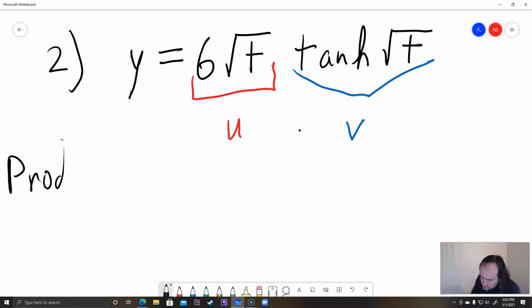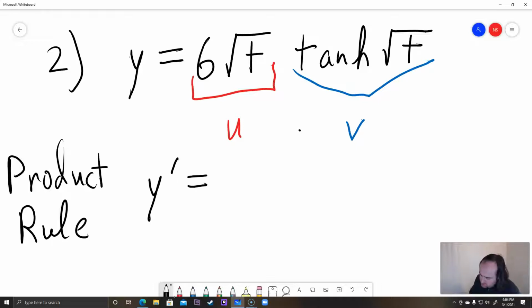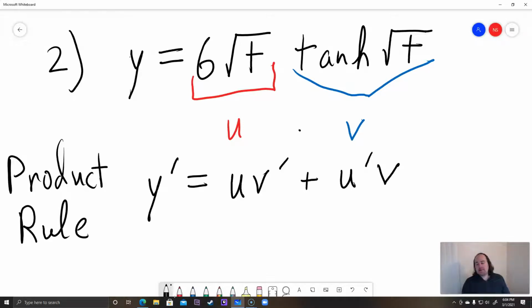Well, the product rule we've seen many times in this class already, so hopefully you remember it. It just says that your derivative, y prime, is going to be uv prime plus u prime v. So here it's going to be dy dt equals uv prime plus u prime v.